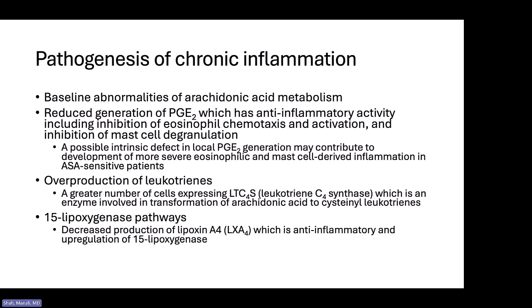It's also hypothesized that these patients may at baseline just have a local intrinsic defect in PGE2 generation. Also, the overproduction of leukotrienes can contribute to chronic inflammation, which again is the 5-lipoxygenase pathway not being inhibited. And then you also have decreased production of lipoxin, at the 15-lipoxygenase pathway, which is higher up in that chart.